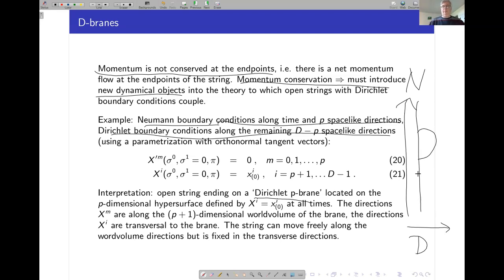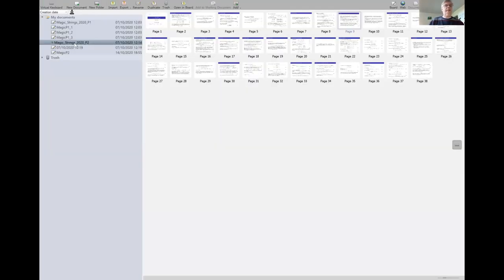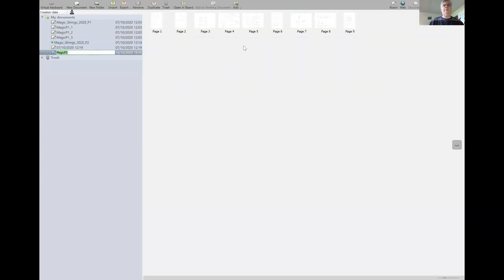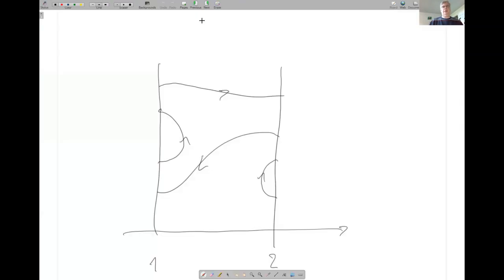Well, that is one possible choice of these boundary conditions, but I can be more general, and I think I've prepared a drawing for showing you a more general choice of these types of boundary conditions here. For example, I could decide that these are the Dirichlet, these are the Neumann directions.